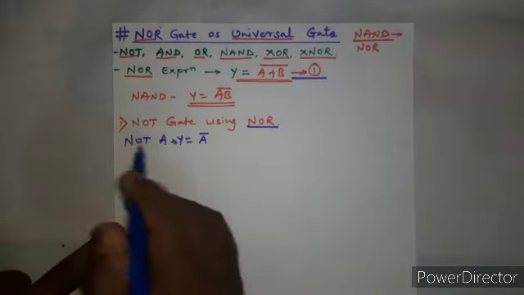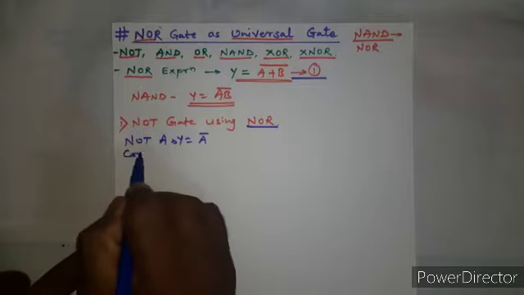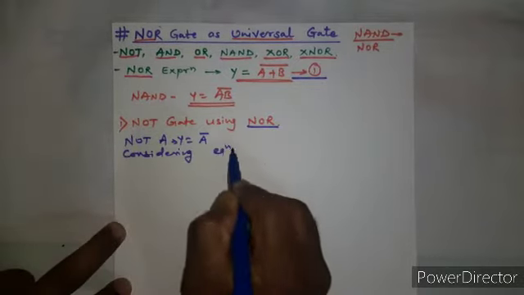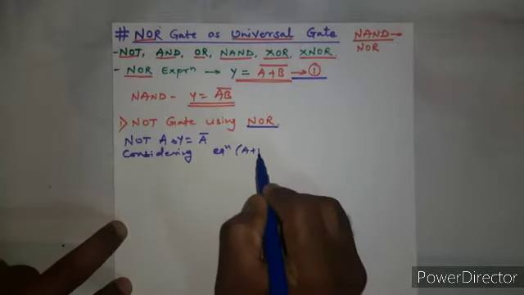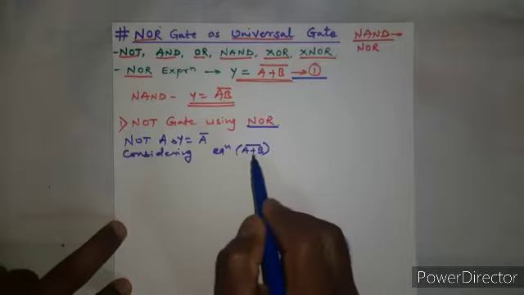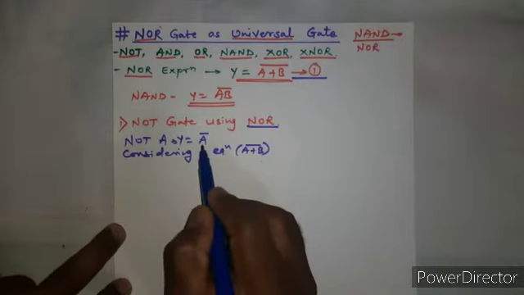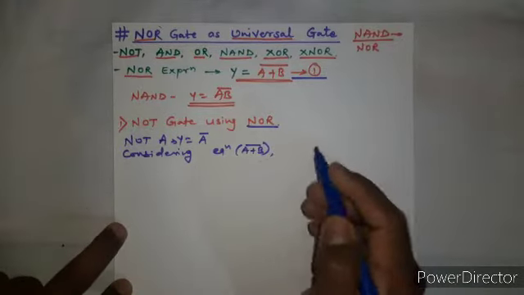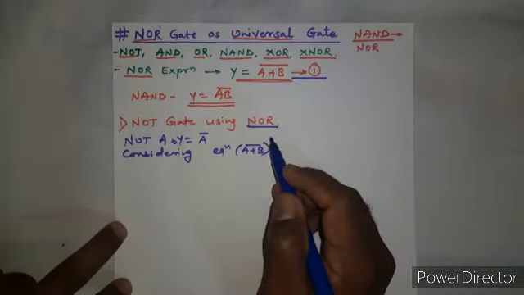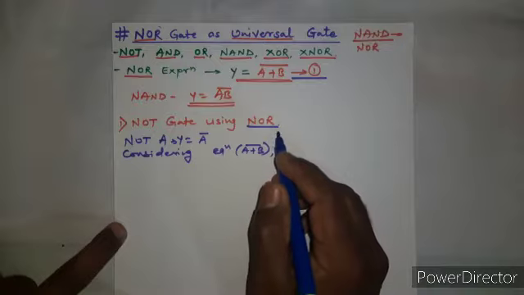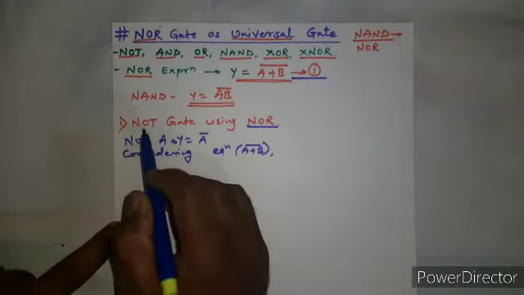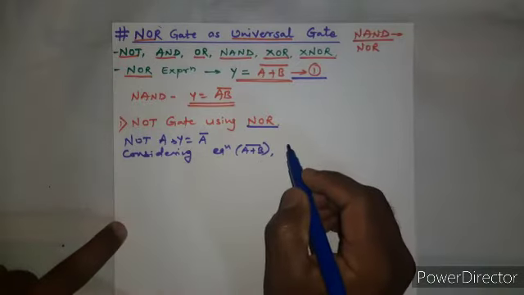Now considering equation 1, which is (a plus b) whole bar. Now you see, for this NOR gate we have two inputs. For NOT gate we have only one input, right? So how we are supposed to convert these two inputs? We have seen this in the NAND gate, using NOT gate using NAND gate, right?